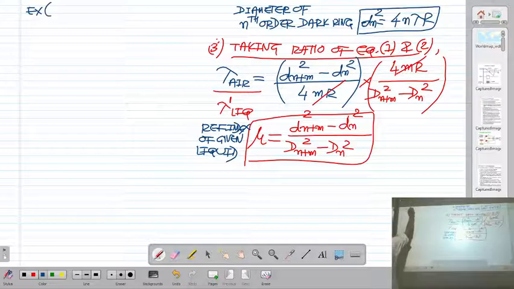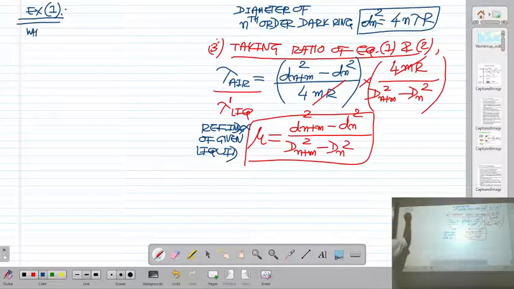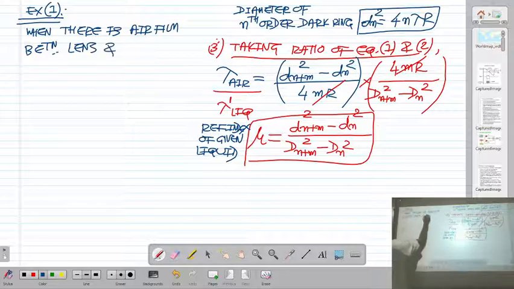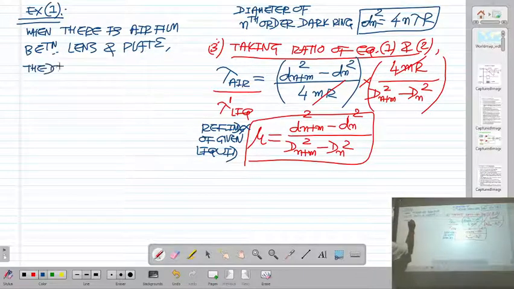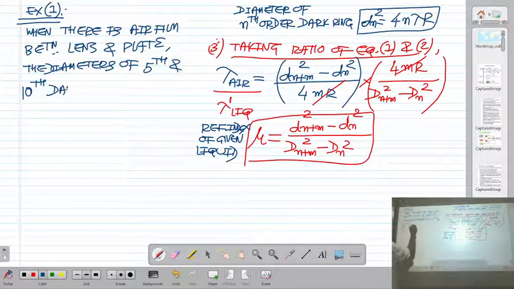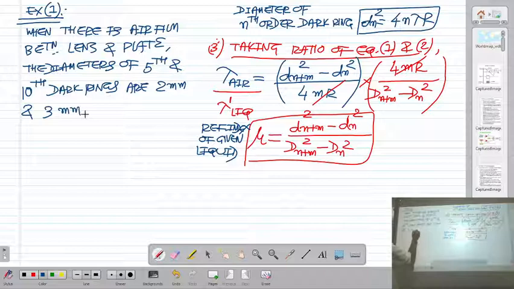Example 1. When there is an air film between lens and plate, the diameters of the fifth and 10th dark rings are 2 mm and 3 mm respectively, right?